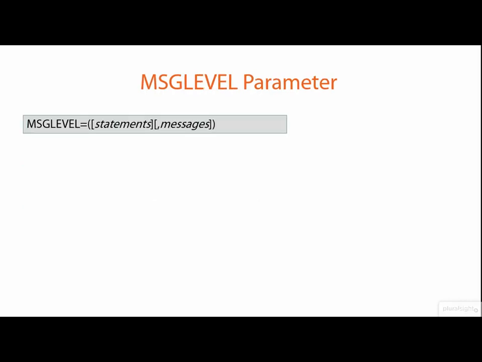The message level parameter indicates what data we want to allow in our output. In particular, we have the statements that are going to be produced as well as the level of messages that are going to be produced. So for example, we can indicate we only want the job statement and comments printed.